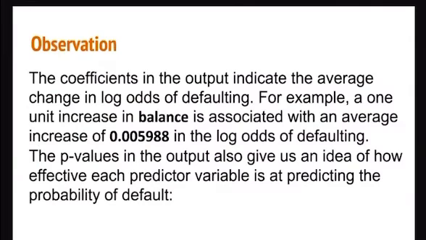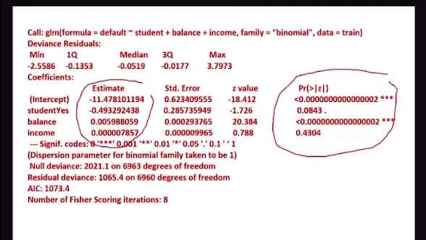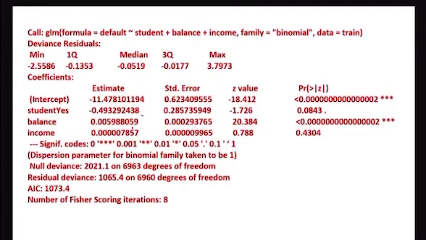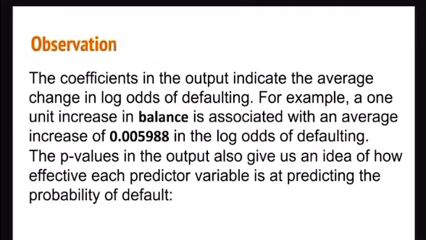For example, if I want to interpret balance, let's take a look at the balance. Do you see this balance? I want to interpret that. The coefficient in the output indicates the average change in the log odds. You have to mention log odds when you are interpreting.